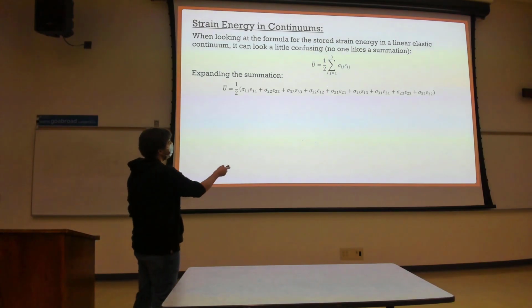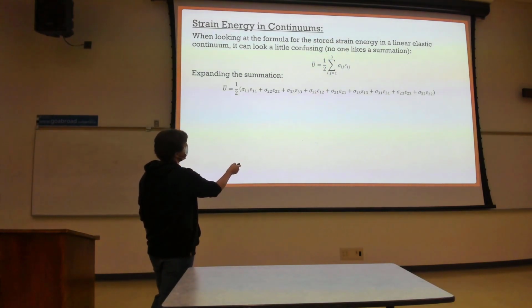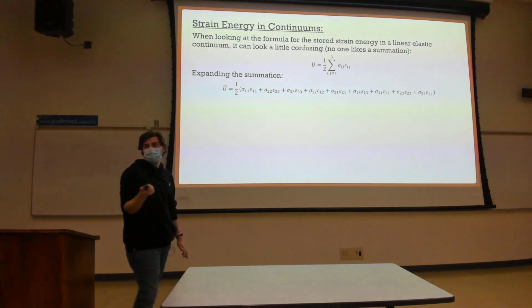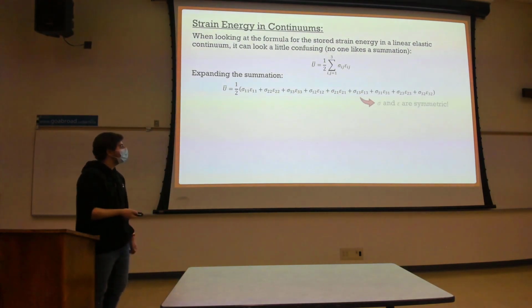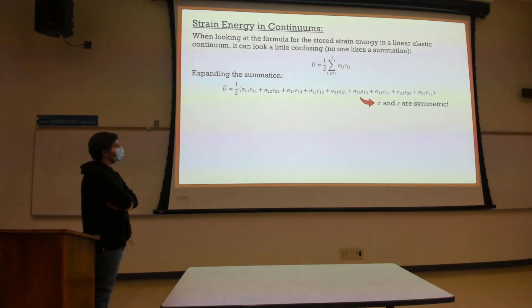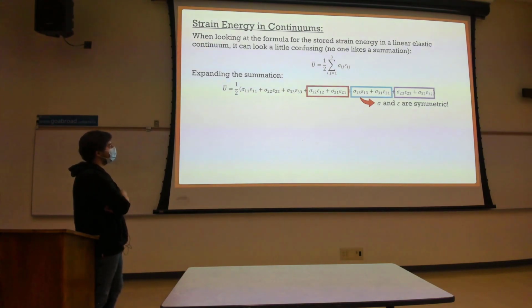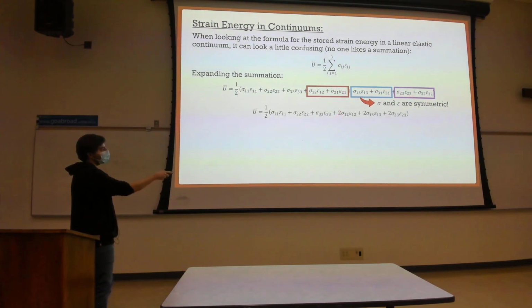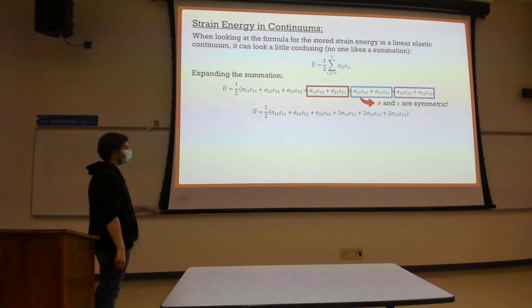So right here, if I have sigma 1,2 times epsilon 1,2, and then I have sigma 2,1 times epsilon 2,1, are these two components the exact same? Yes. We know that sigma and epsilon are symmetric, so we get this formula right here after we combine all the symmetric terms. We just have to add 2. Again, it's nice and simple.